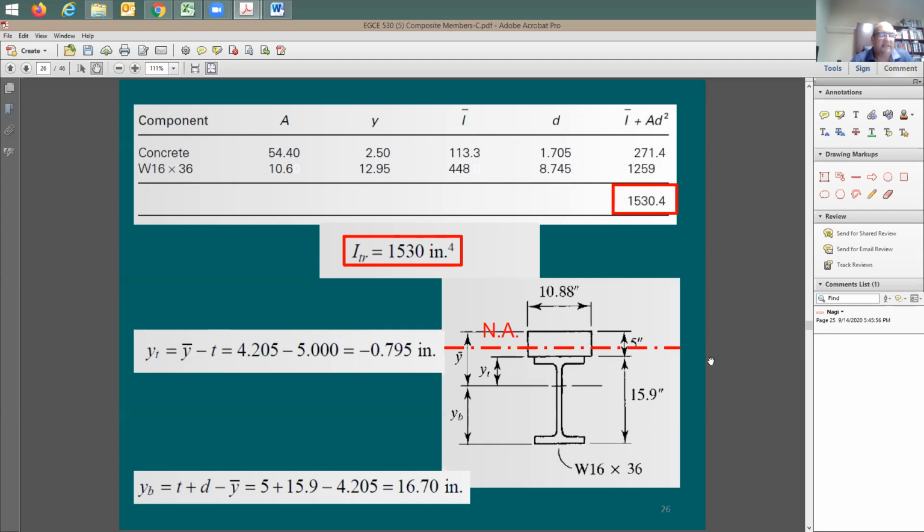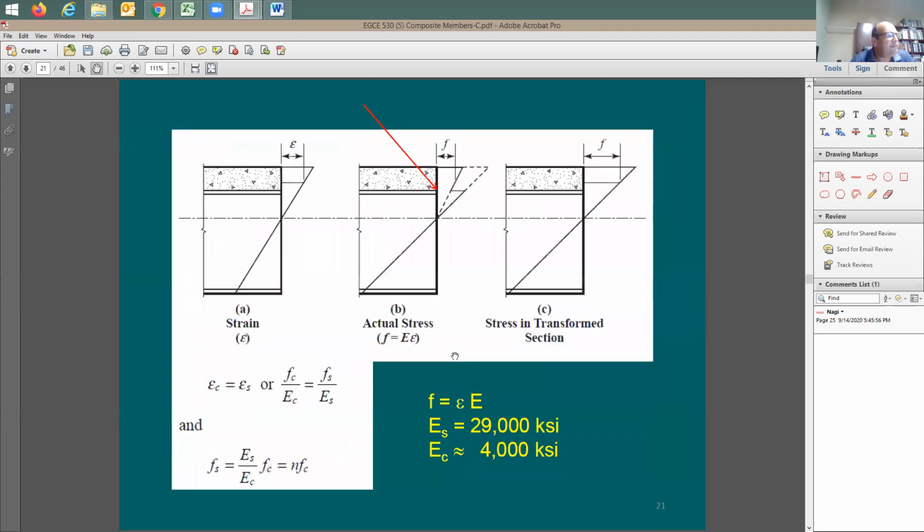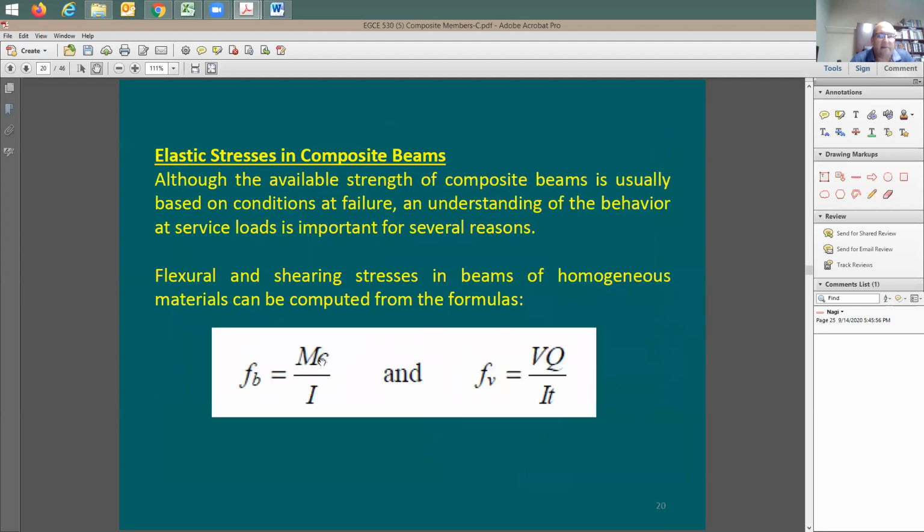After that, since we're interested in the stress at the top of the concrete, top of the steel section, and bottom of the steel section, I need to find out, if I go back here a few slides, the term C or Y, if you like. I'm going back here to this equation. This C is going to be the distance from the neutral axis, measured from the centroid of the global section, or the composite section, to each point that you're interested in finding the stresses at.